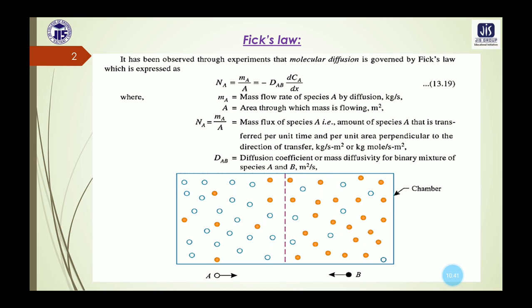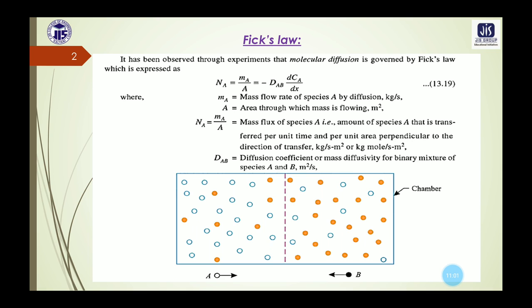Now after a sufficiently long period, what will happen? Some equilibrium condition will prevail there. That means uniform concentrations of species A and species B will be achieved.